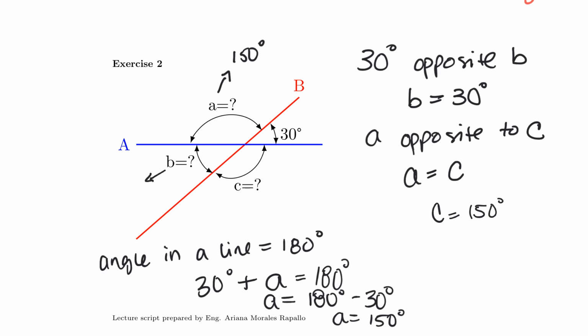So here we have that B is equal to 30 degrees because it's opposite to the other angle, and C is equal to 150 degrees. To recheck this calculation, we know that to go from this point in line A all this way passing through line B and getting back to line A, we have to add angle B plus angle C. And angle B is 30 plus angle C is 150. 30 plus 150 is 180. And we go all back the angle of the line.